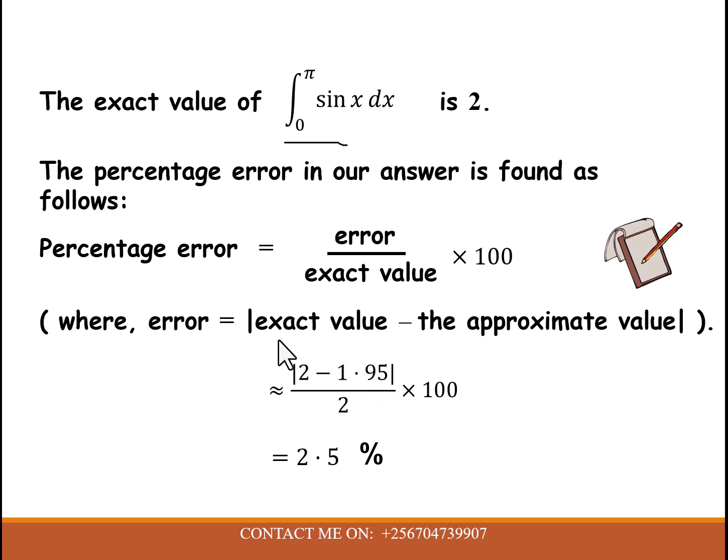So this brings us to the formula that the error is always got from exact value minus the approximate value, but remember to take the magnitude symbols. So you get the exact minus the approximate that you got, then you'll get your error. Then you divide that by the exact value.